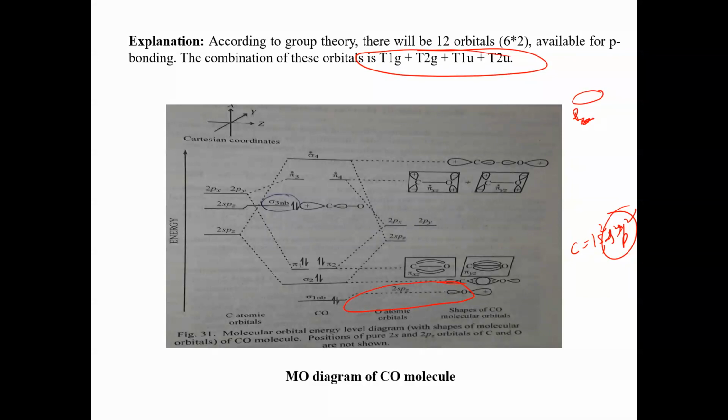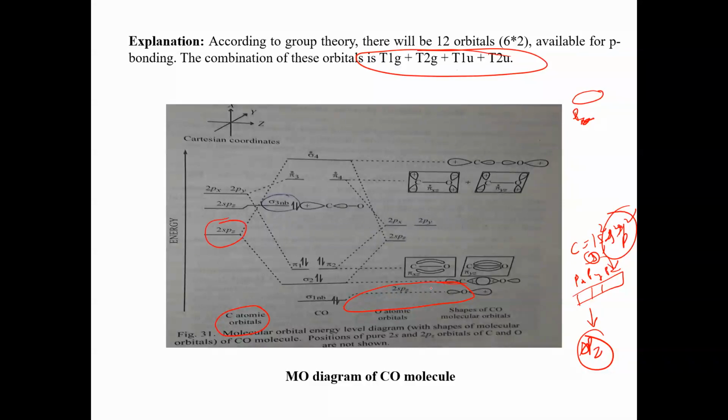Because oxygen is a highly electronegative atom, so that's why the energy is lower. If you have px, py, and pz orbitals and s, the s combines with this one because the symmetry of the pz orbital matches, so it forms a new hybridized molecular orbital. Same in the case of carbon, that is sp, because two orbitals are combined.